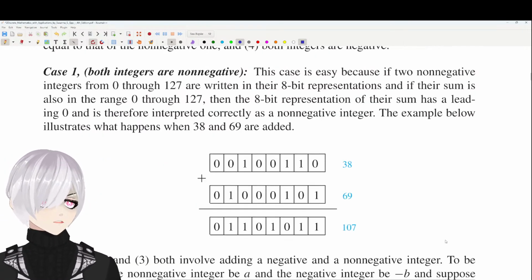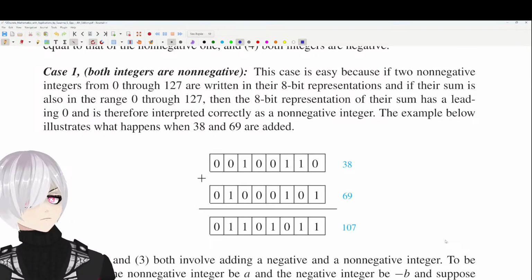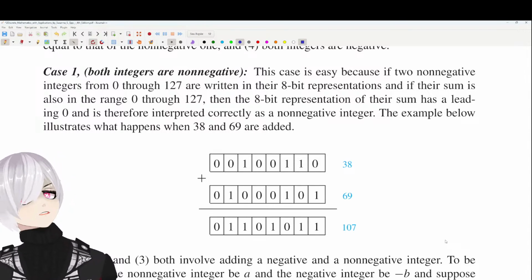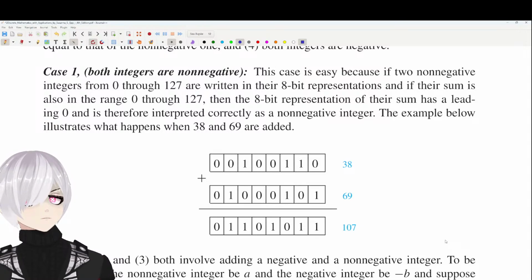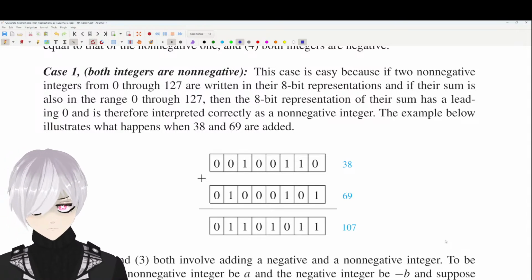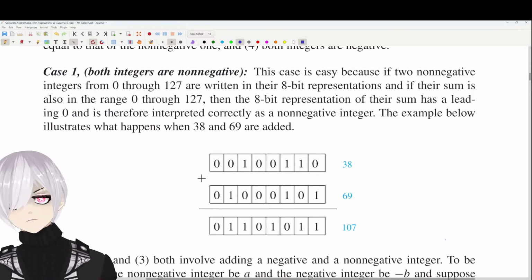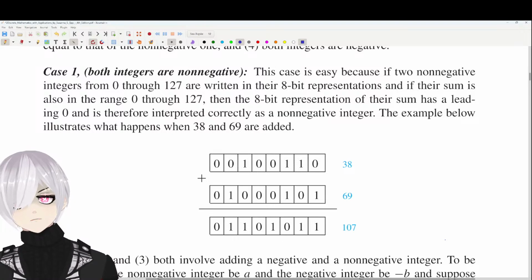Case 1, both integers are non-negative. This case is easy because if 2 non-negative integers from 0 to 127 are written in their 8-bit representation, and if their sum is also in the range 0 through 127, then the 8-bit representation of their sum has a leading 0 and is therefore interpreted correctly as a non-negative integer. With 8 bits, you can represent 256 values.